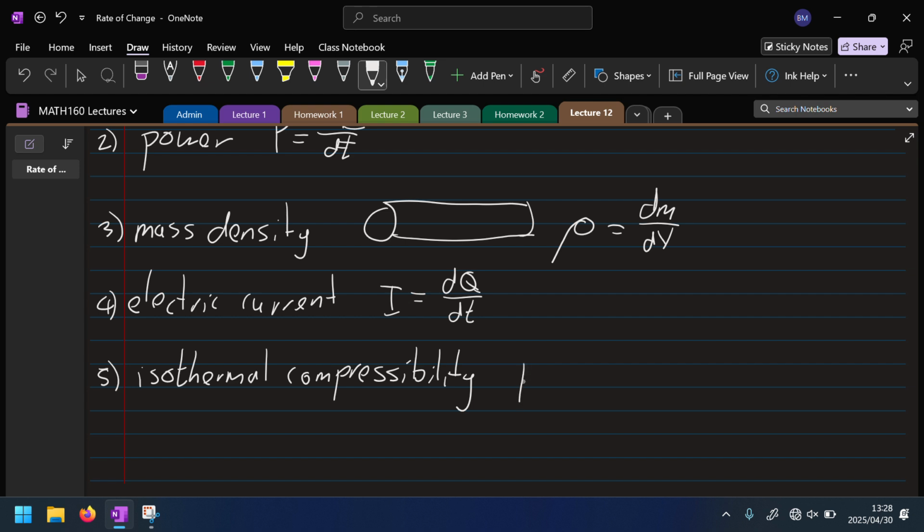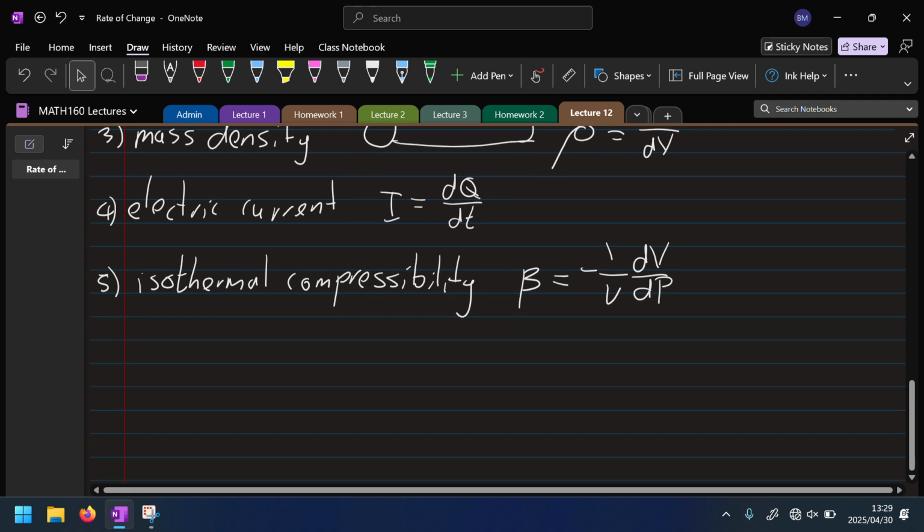So that is given by beta, and this is going to be minus 1 over v dv by dp, where p is pressure, v is volume. So it's the rate of change of volume with respect to pressure. Okay, we define that as the isothermal compressibility. Okay, you'll see a lot of that later on in physics under the course on thermodynamics.